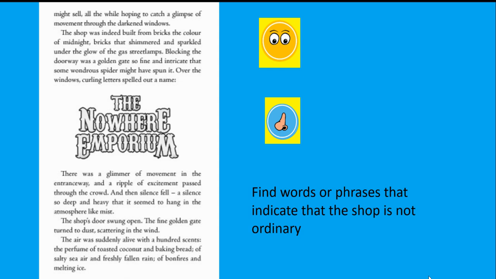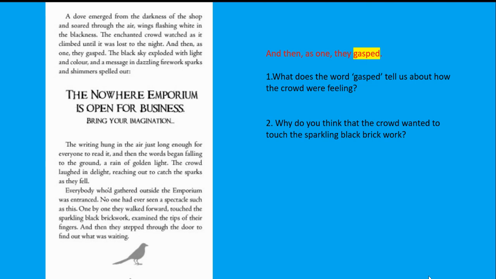So the way that the author has used opposites there really makes us begin to wonder, what is it that the shopkeeper is selling? So what is inside this strange shop? See if you can answer those questions there on the side as we read through the next page.